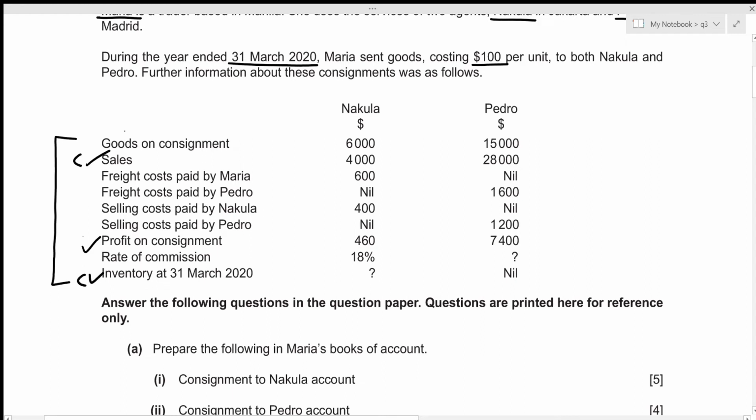All of the remaining items such as goods on consignment, freight costs, selling costs, profit on consignment, and rate of commission will be recorded on the debit side of the consignment account. So this is pretty easy, right?